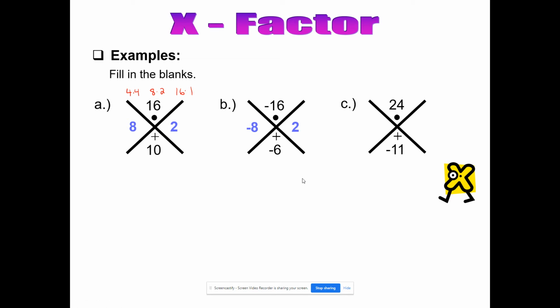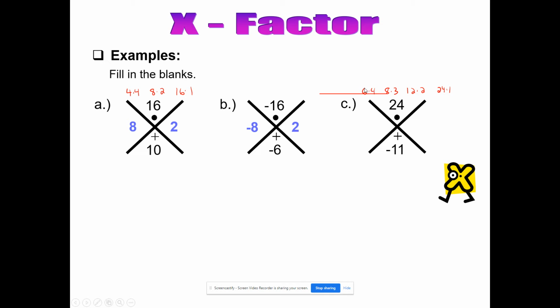All right, let's try 24. Now there's several numbers that multiply to 24. First ones I think about are 6 and 4. Then we've got 8 and 3. Then we've got 12 and 2. And we've got 24 and 1. Now let's see, add or subtract to get 11. Don't worry about the negative right now.